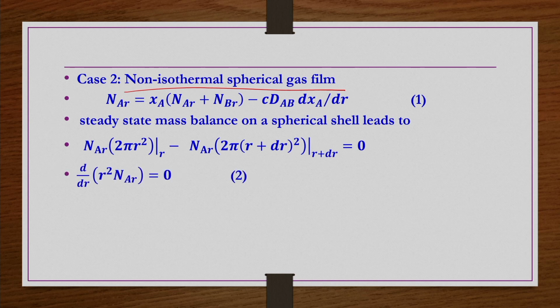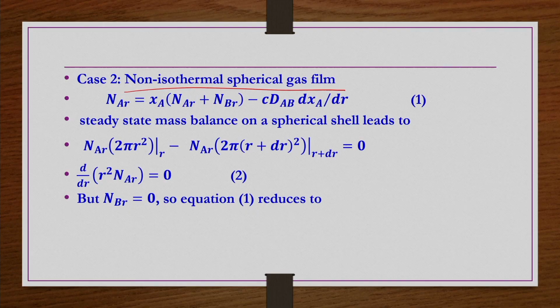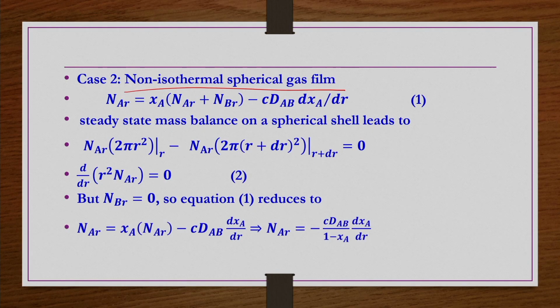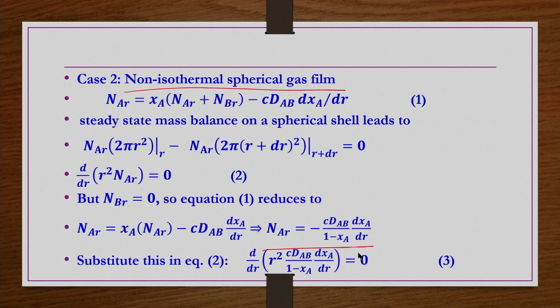Then by applying the limiting conditions, you get the differential form of this balance equation, given by equation number 2. But NBR is 0 because it is a stagnant non-isothermal gas film. So, B is not diffusing; the gas film is of component B, a non-diffusing stagnant gas film, as the statement is given. So NBR is 0. That again you substitute in equation number 1, and you get NAR equal to this one. Then you substitute this in equation number 2, and you get this equation.